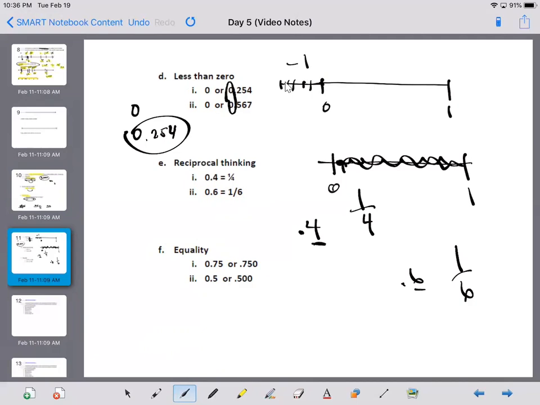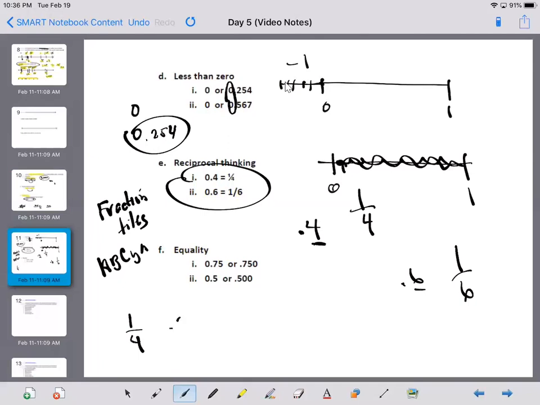And this is a great example of using the fraction tiles from ABCYA, that website. It actually compares the fraction tiles to fractions and decimals and percentages.